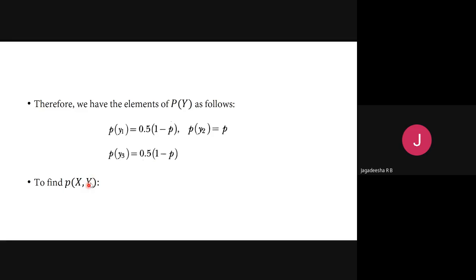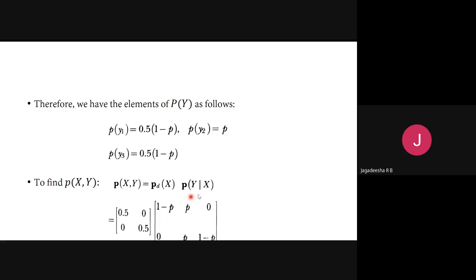Next, now we have the joint probability between X and Y. So that is given by the diagonal matrix multiplied by the conditional probability of output. Okay, so we know the diagonal matrix is easy to write because it has a format that probability of the first input, probability of the second input, we need to mention here along the diagonal, and remaining elements are zeros.